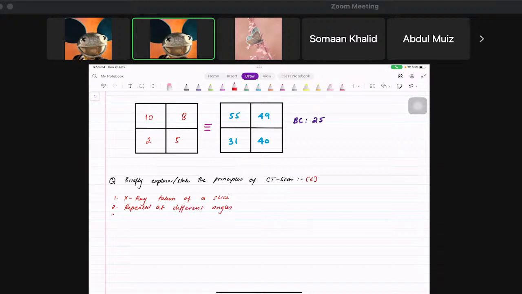Number 3, data is then processed. Number 4, then it is combined to form an image.